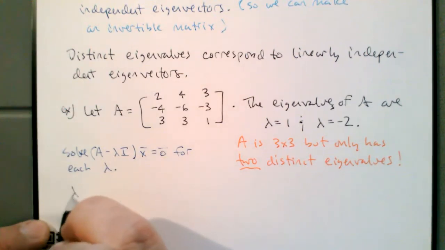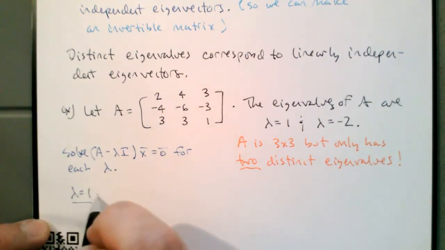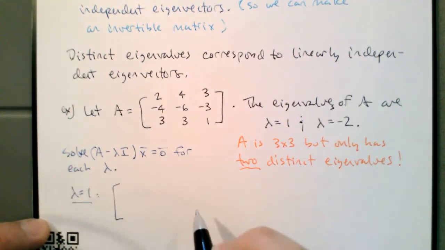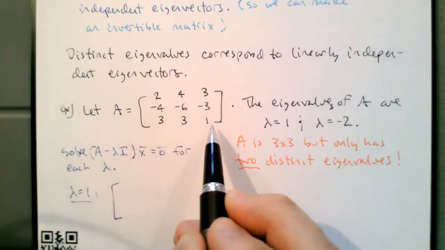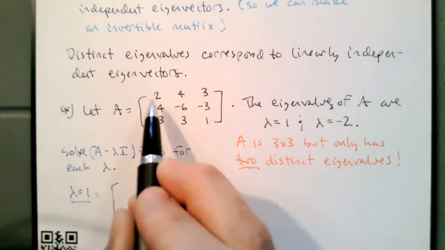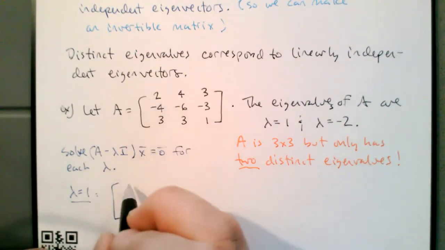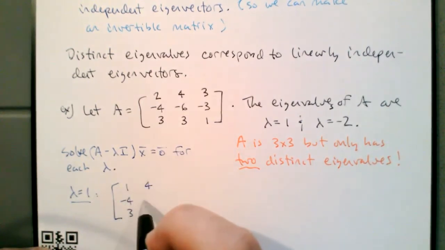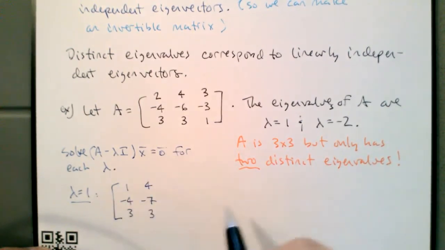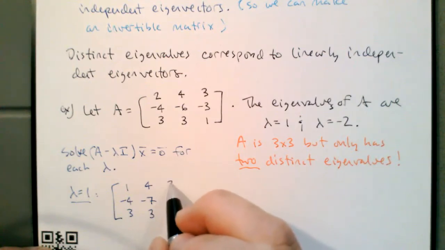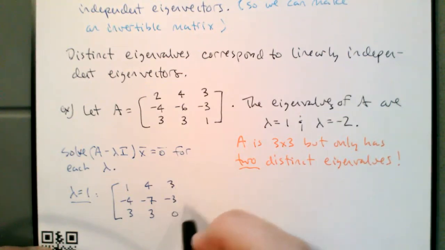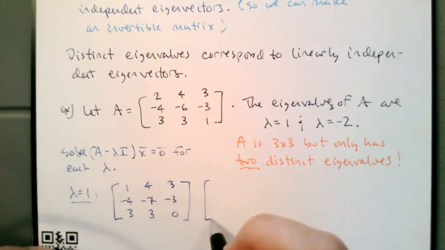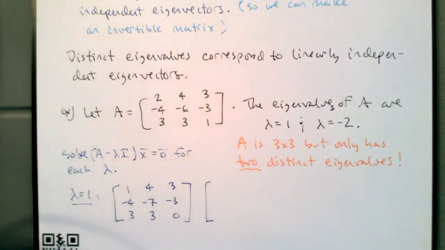So for lambda equals 1, I'm going to subtract 1 from the main diagonal. That's what A minus lambda I does. So I'll have 1, -4, 3; 4, -7, 3; and then 3, -3, 0. I'm going to find the reduced echelon form and see what vectors we get out of this.